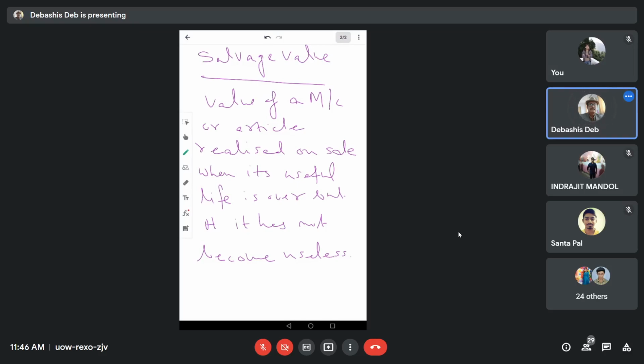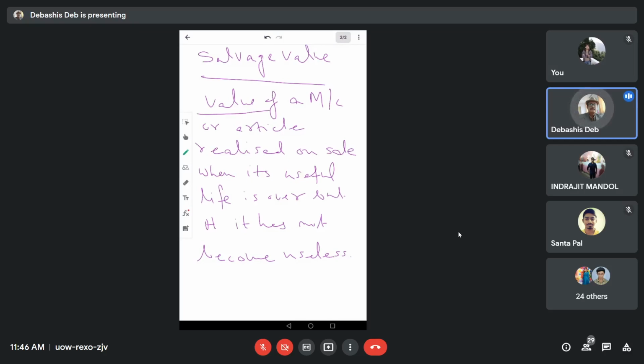So at that time it will be sold as scrap value. Only the people who are dealing with scrap vehicles will be interested to purchase it, only to convert it to other products, not to use it. So in between expiry of the life and scrap value, this in-between portion, the value is called salvage value.